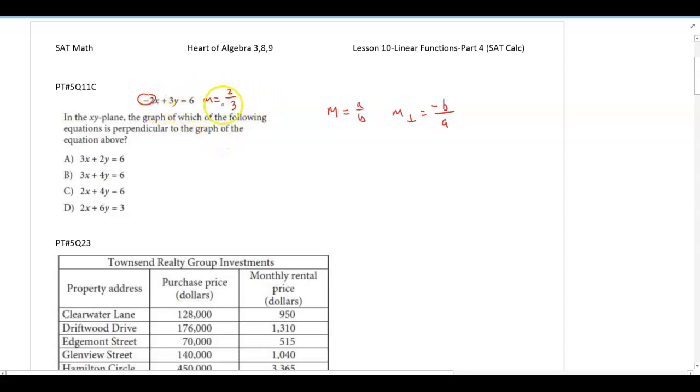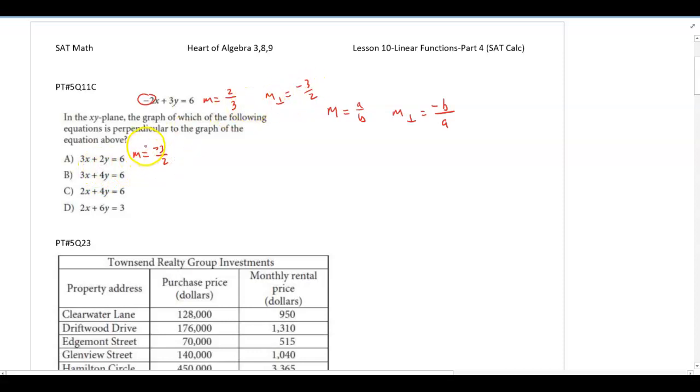So now, if the slope of this line is 2/3, right, if a line is perpendicular to it, the slope of the line perpendicular has to be the opposite of positive, which is negative. The reciprocal of 2/3 is 3/2. So right here, the slope of this line, the opposite of 3 is negative 3 over 2.